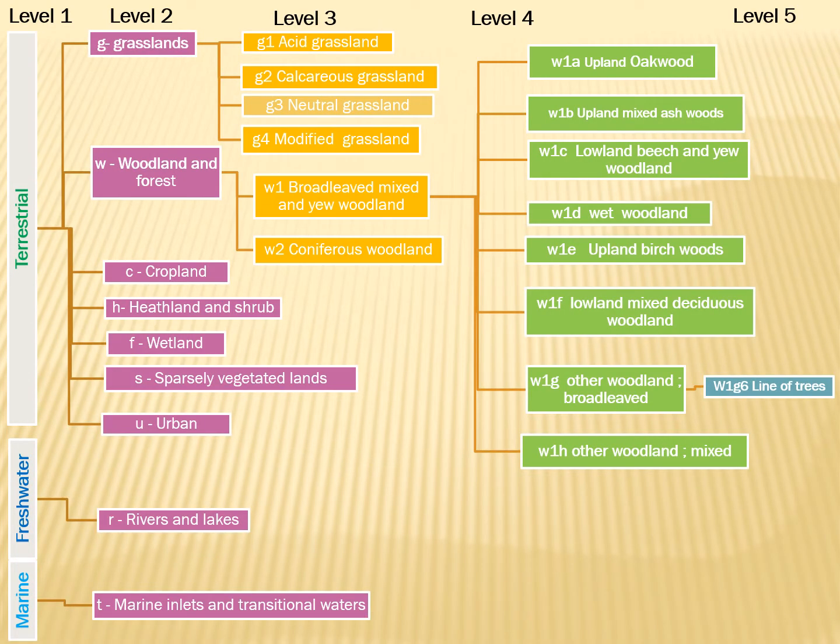Here is an example of how the levels for the woodlands divide down from level 1 to level 4. So you can see how the categories are split into different types of woodlands, and this applies to all the other habitat categories.